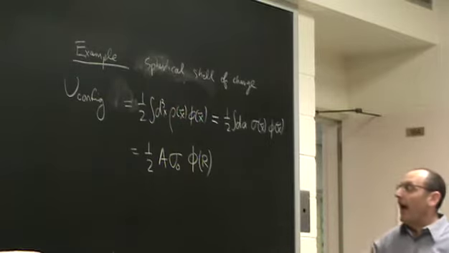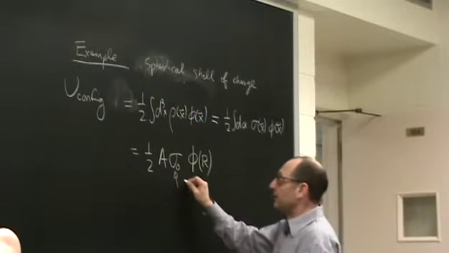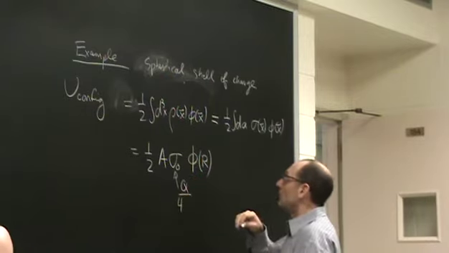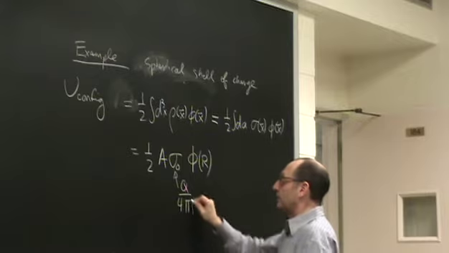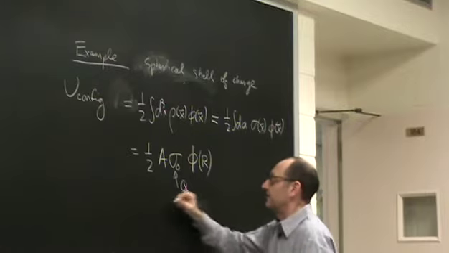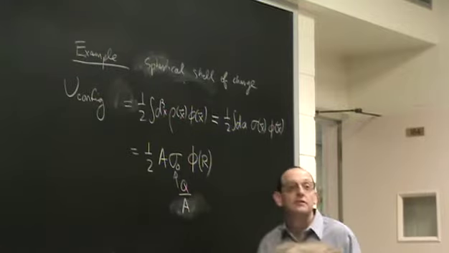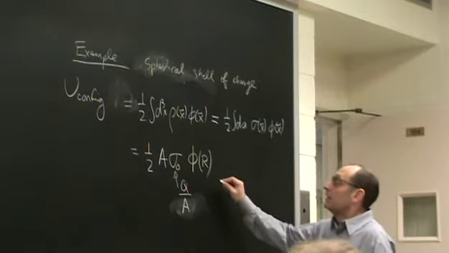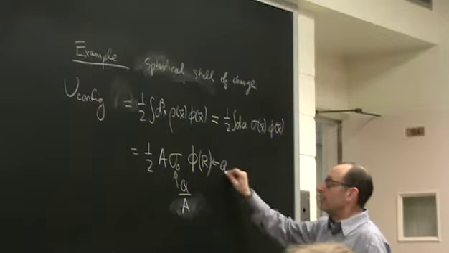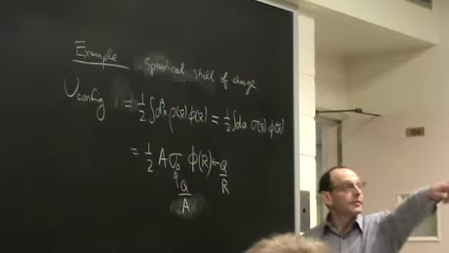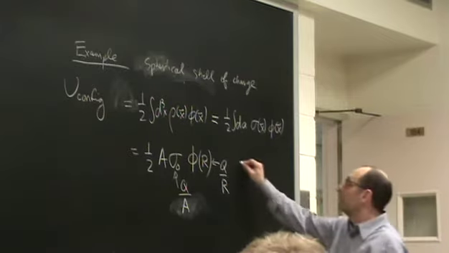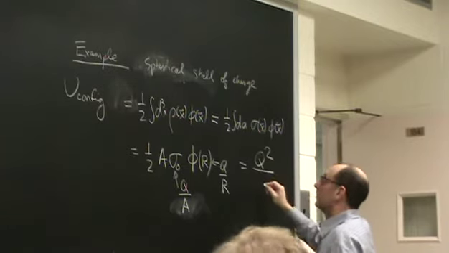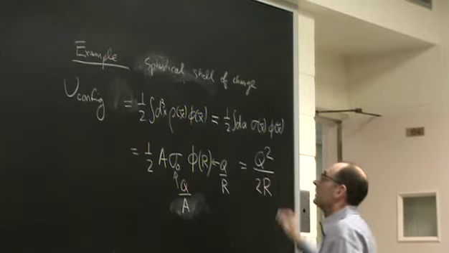Okay? And in this case, the surface charge density is Q over 4 pi r squared. It's Q over the area, because it's uniform. We said it had a total charge Q. And the potential, we said it was Q over r at the surface. That's what we got somewhere. So this energy is Q squared over 2r.